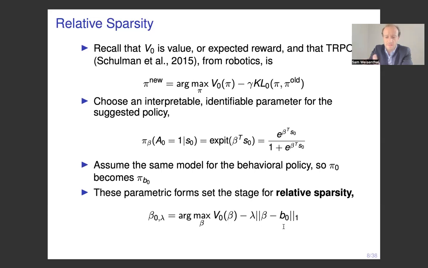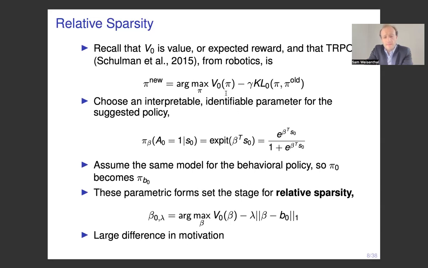For example, if you were to use basis expansions of the state rather than the raw state, and use basis expansions of the behavioral policy, you could obtain some kind of sparsity here. The interpretation would be diminished in that case, but it's still a valid idea of some kind of relative sparsity between the two models.